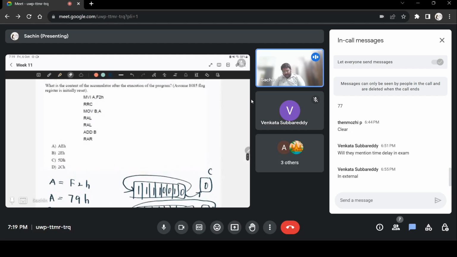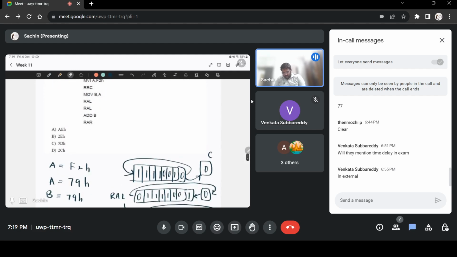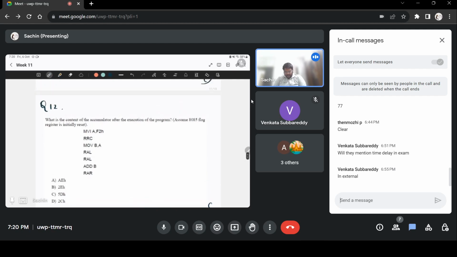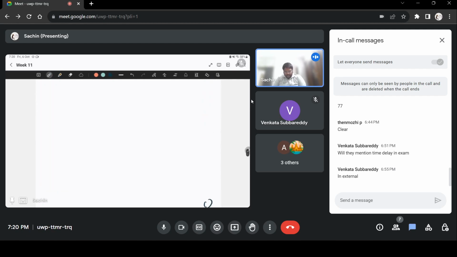Or if you forget a step. We actually got 5DH here. If you forgot to do RAR, you would have the answer as option C, which is wrong. The options will be set such that you'll make mistakes, so you have to be a bit more careful. Is that okay?